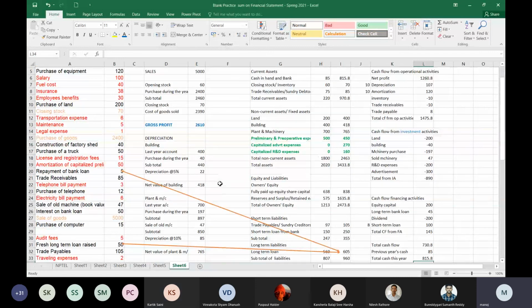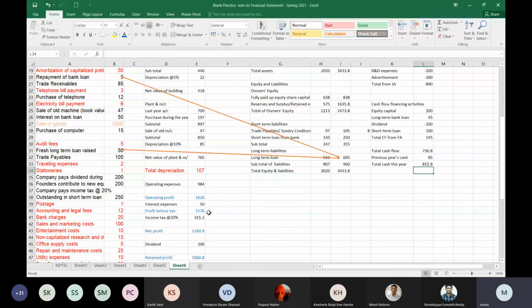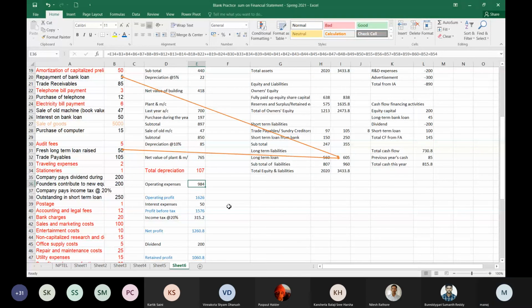Yes, sir. Okay, so when you estimated the operating expenses, you have deducted depreciation and amortization, but you have not paid this money to anybody.